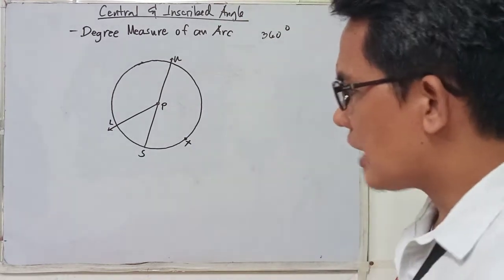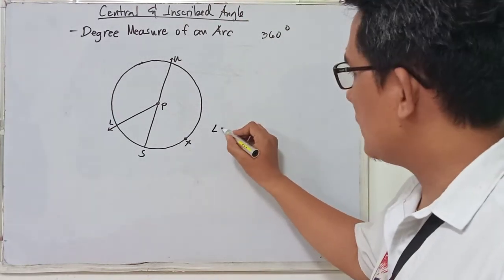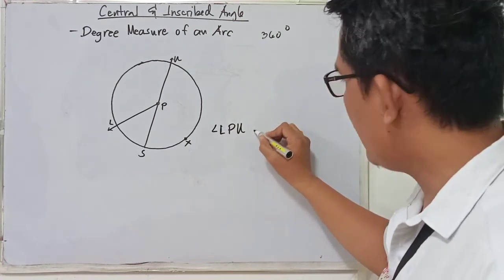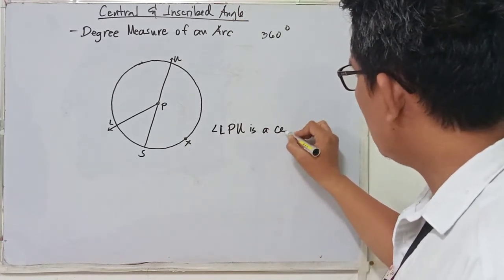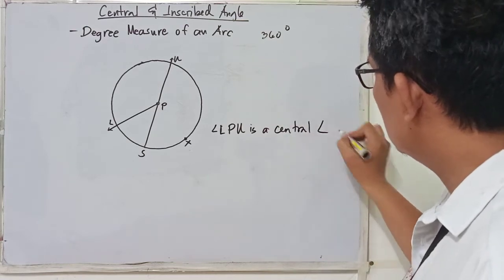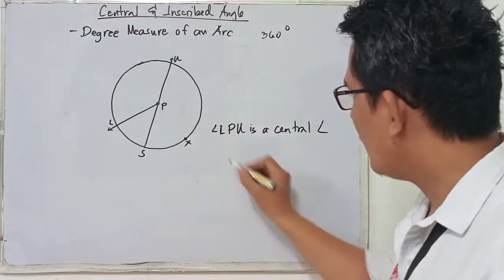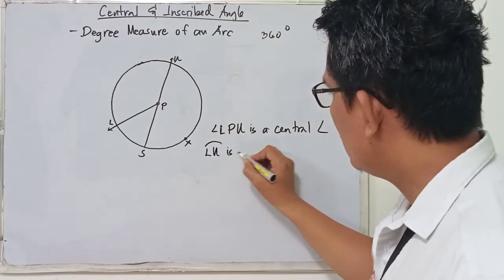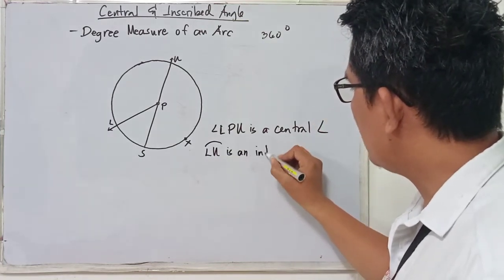For example, angle LPU is a central angle, and arc LU is an intercepted arc.